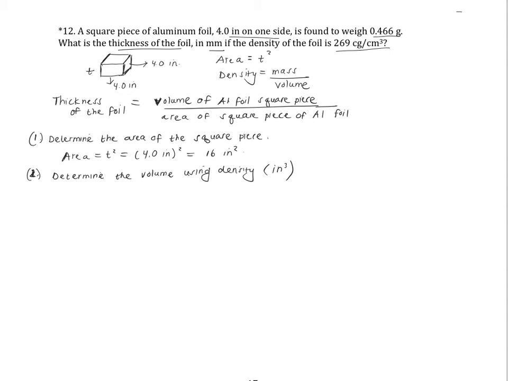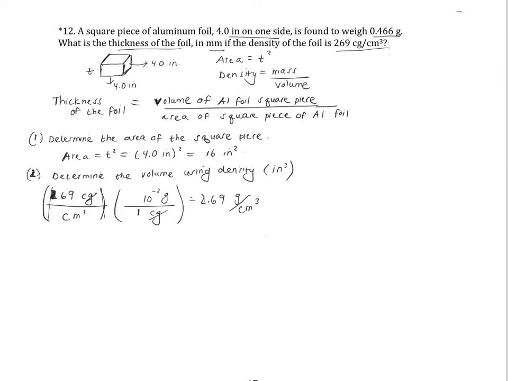So we have our density, which is 269 centigrams per centimeter cubed. And we know that in 1 centigram, there's 10 to the negative 2 grams. So in grams per centimeter cubed, our density ends up being 2.69 grams per centimeter cubed.